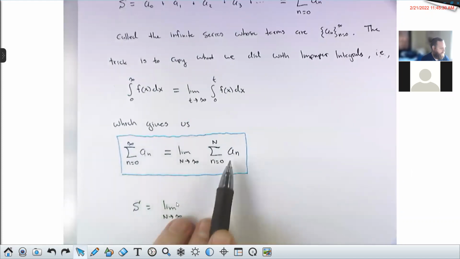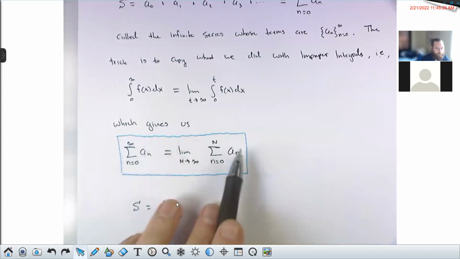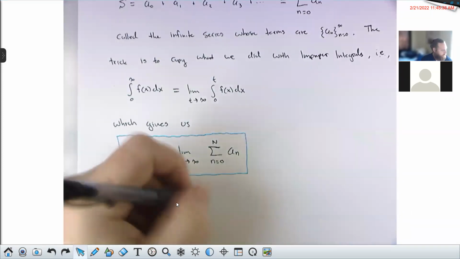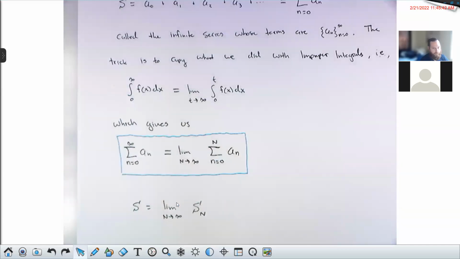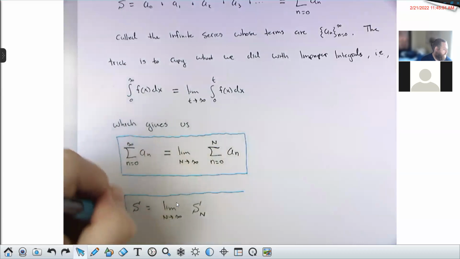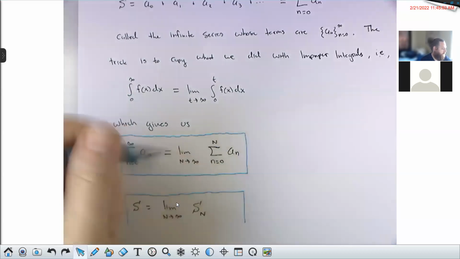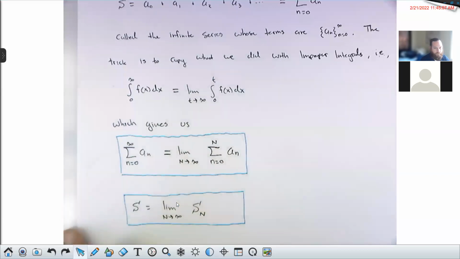The version of S, the sum from n equals 0 to somewhere of a_n, that instead of going to infinity just goes to capital N. And the normal notation for that is S sub capital N. And again, your textbook elects to use a lowercase n here, which I think is a very bad choice of notation.